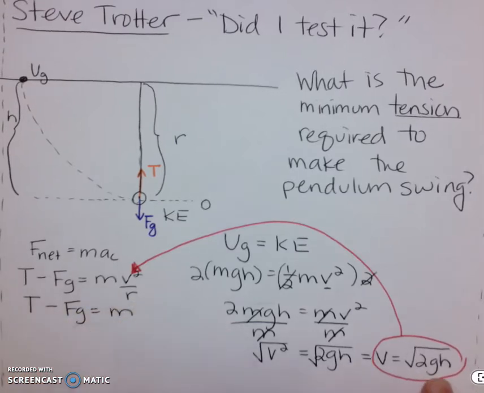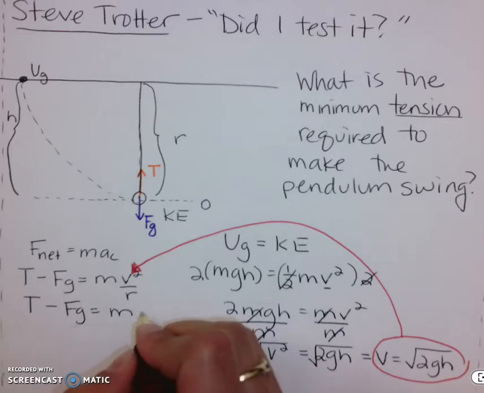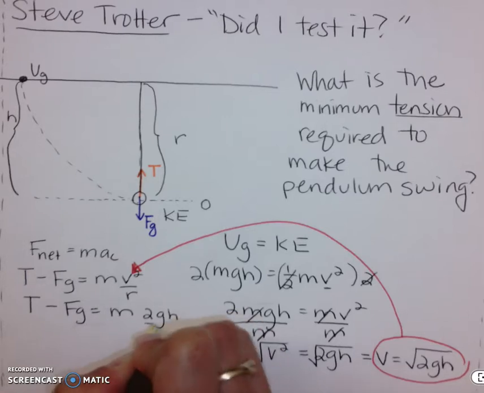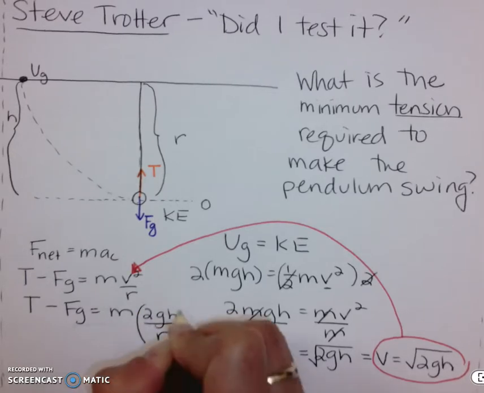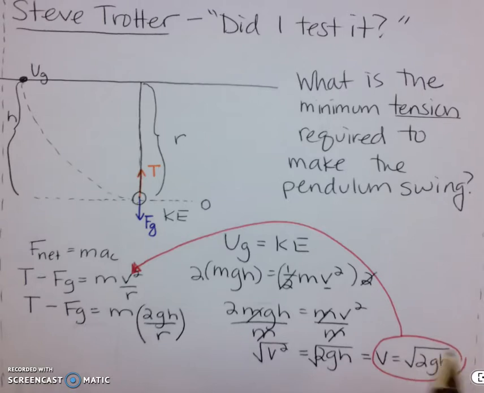And now I want v squared, so I'm actually going to write just 2gh over r. Because v is radical 2gh, and then if I square it, that just gets rid of the square root.